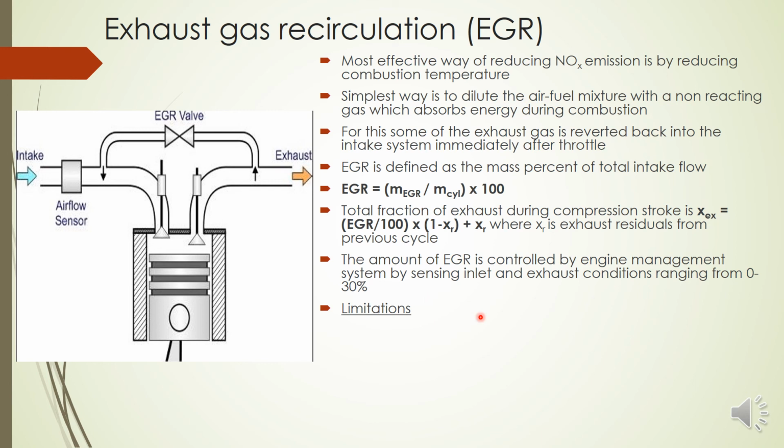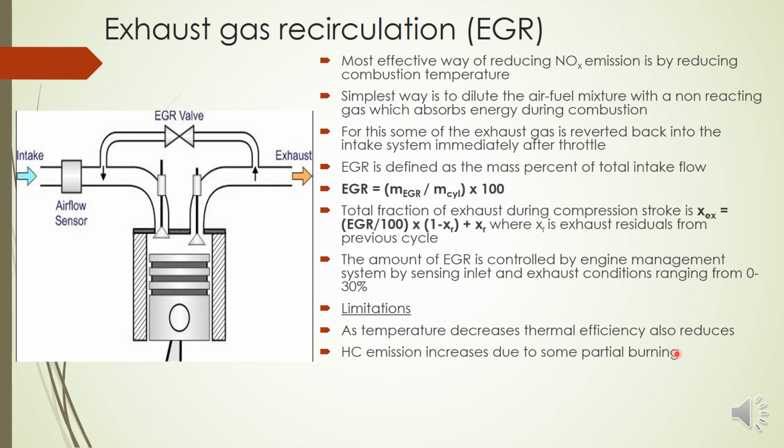You know that the Carnot efficiency is 1 minus T2 by T1. So as the temperature decreases, the thermal efficiency also reduces. That is the important drawback of EGR. So if you are using EGR, the NOx emission reduces, but at the same time the efficiency also reduces. And another very important limitation is that hydrocarbon emission will increase.